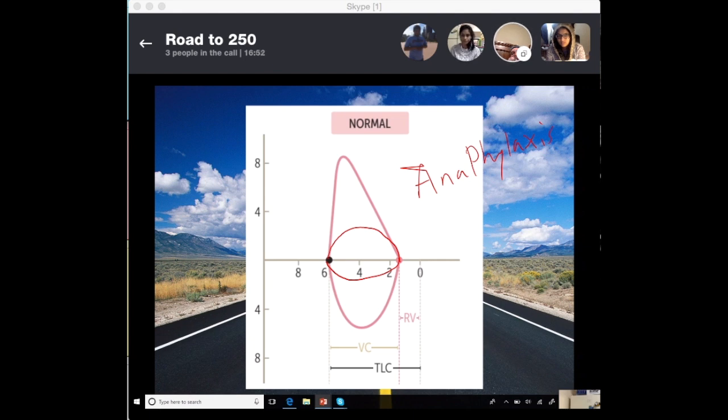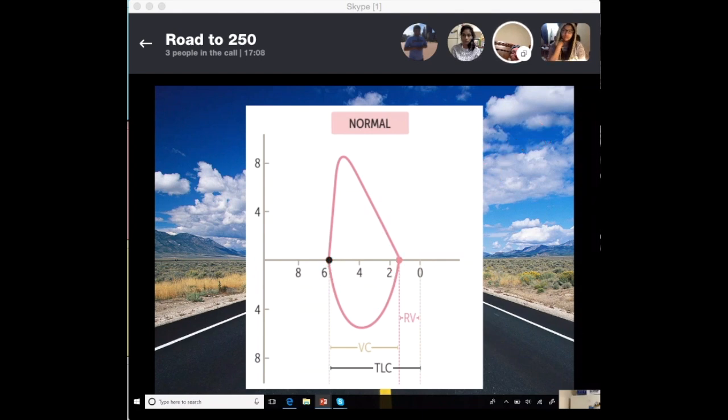And so essentially what they're trying to say is if you have some sort of airway obstruction, you can have very shallow inspiratory and expiratory limbs on your flow volume curve.